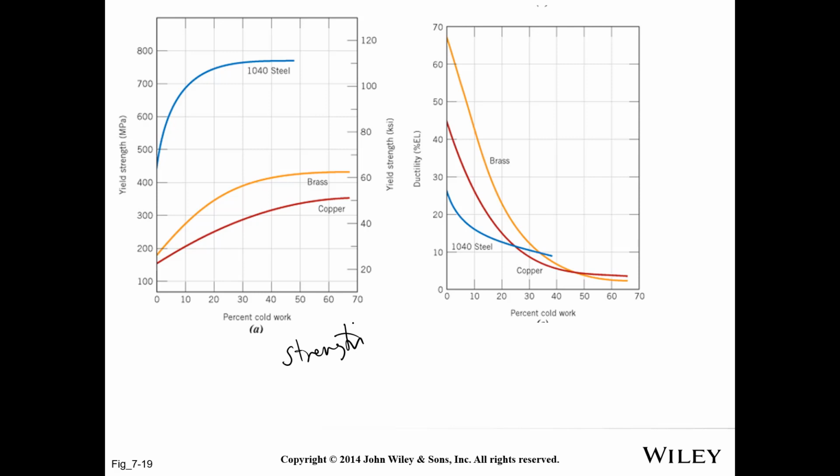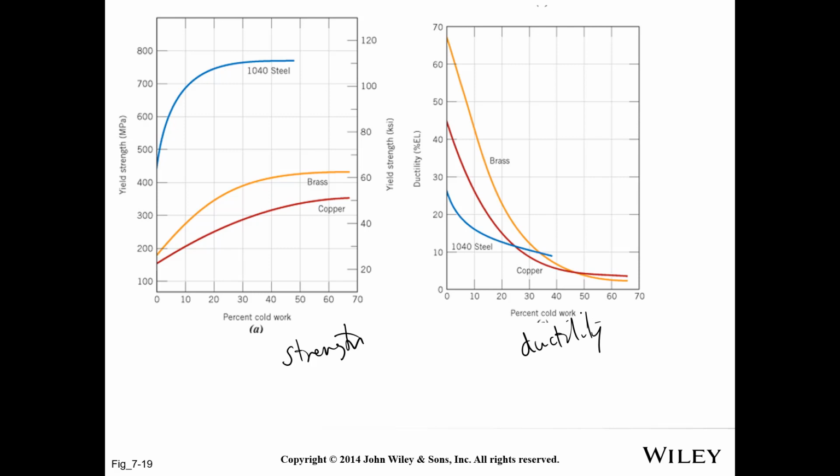You can see steel's already much stronger than those other alloys, but you can see there why brass is used as an alternative to copper, because it's much stronger. We add some alloying elements, you get a big increase in strength. And then the more you work it, the ductility goes down.